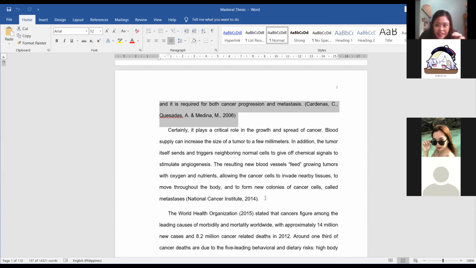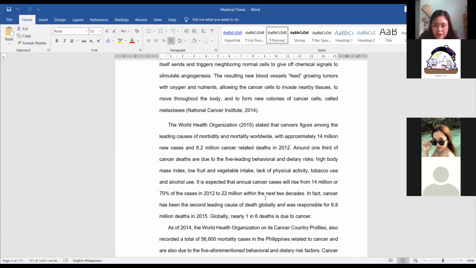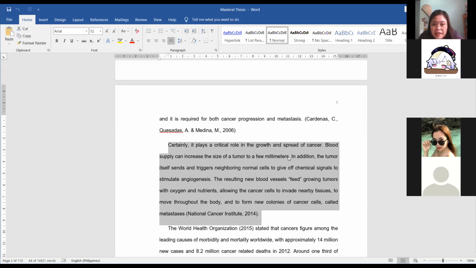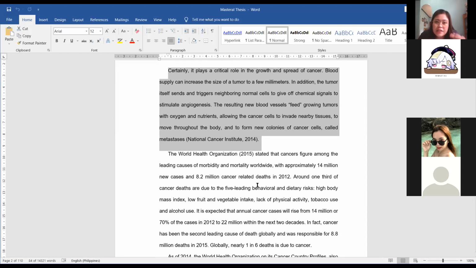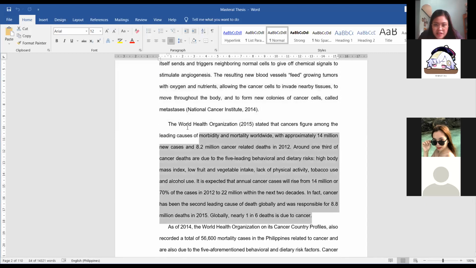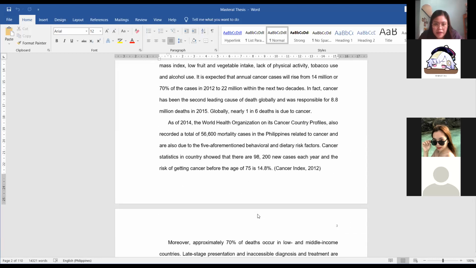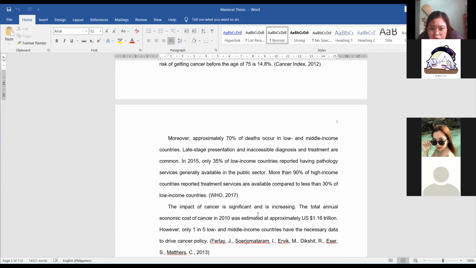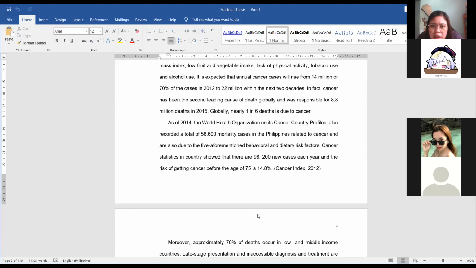And then after that, kung na-establish na nako, actually after na-establish ang role ni angiogenesis sa cancer, nibalik ko sa mga tambal na available sa cancer and even discussed what are the pinakadaghan nga cancer worldwide, in the Philippines, and I don't think I have figures here for the local, wala ata.